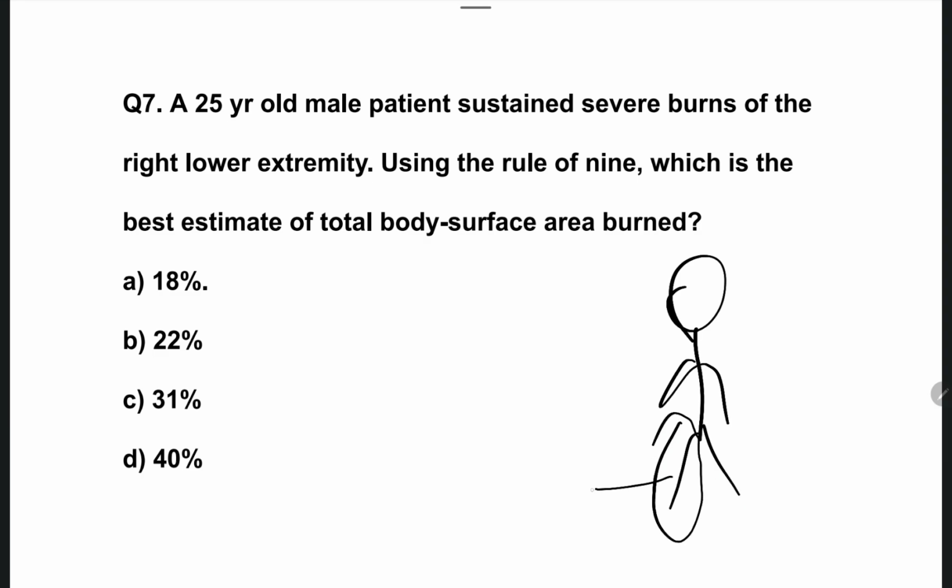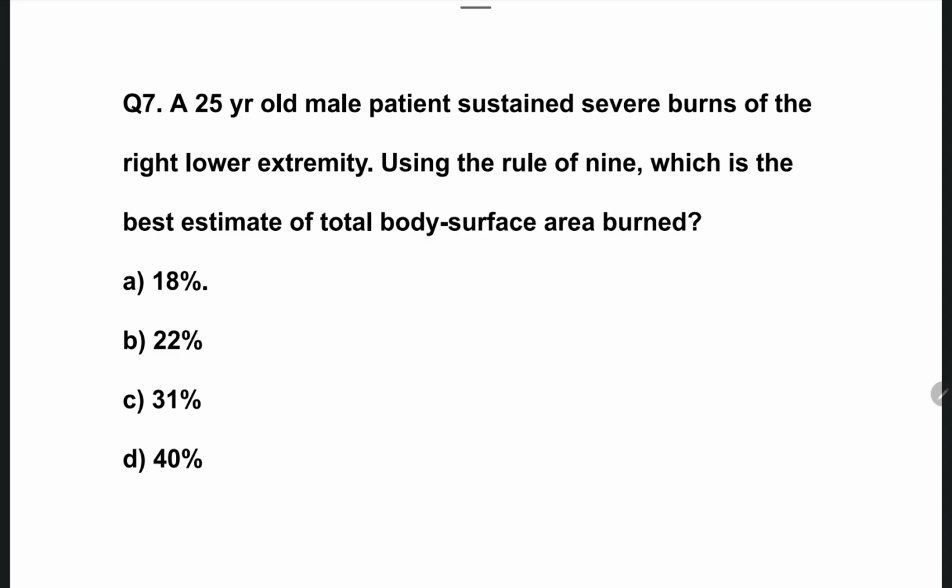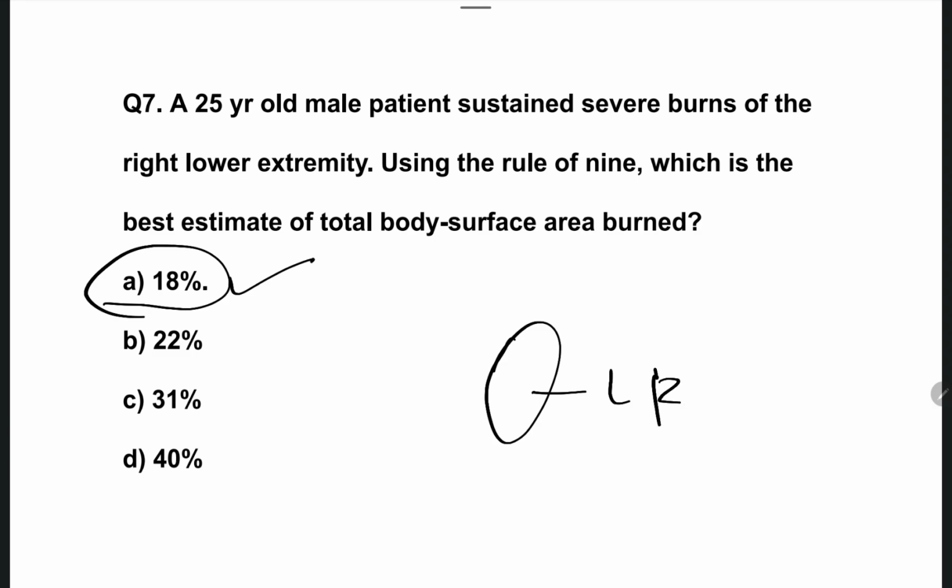So this is a right leg. So if the patient is having burns on the right lower extremity, how much percentage of burns can we estimate? Options are 18%, 22%, 31%, 40%. The right one is option A, 18%. So 18% we can give for the lower extremity.